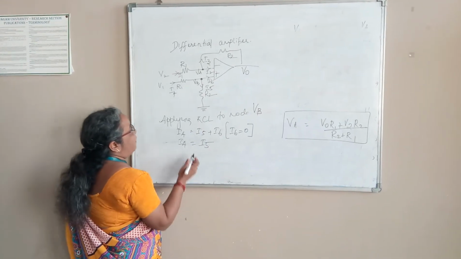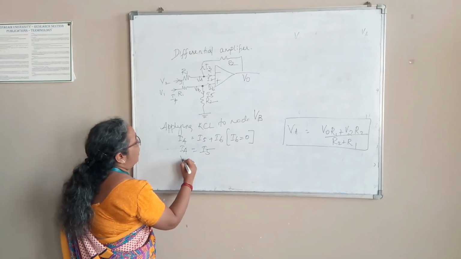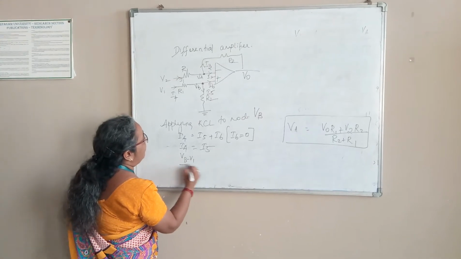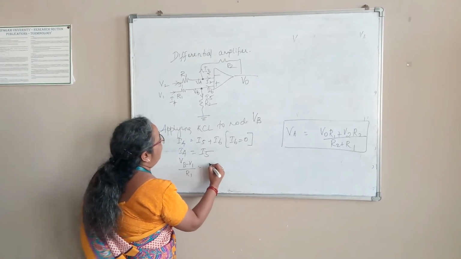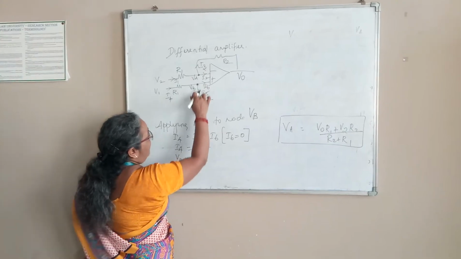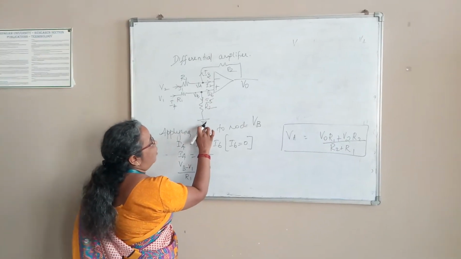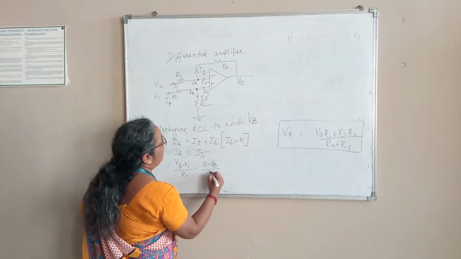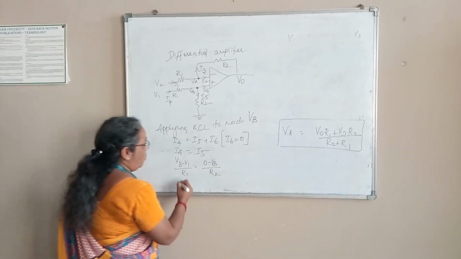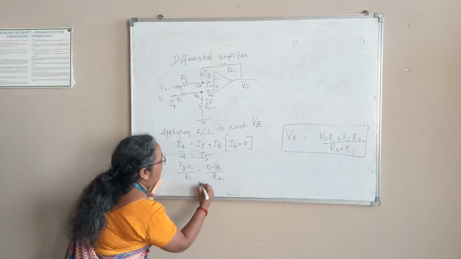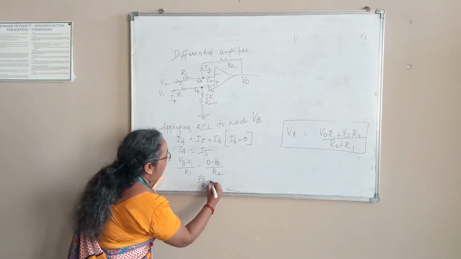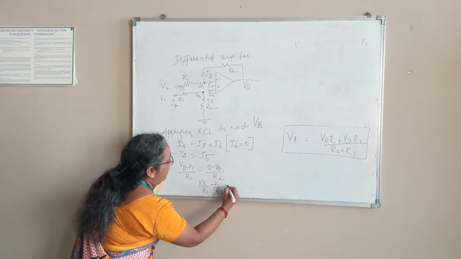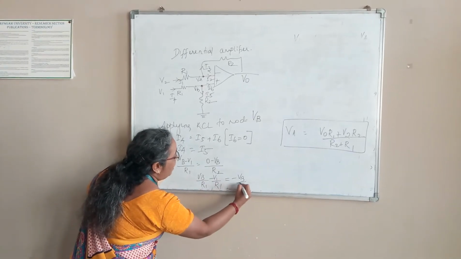I4, if I represent in terms of V and R, I get (VB minus V1) by R1. Splitting the terms, you get VB by R1 minus V1 by R1 is equal to minus VB by R2.